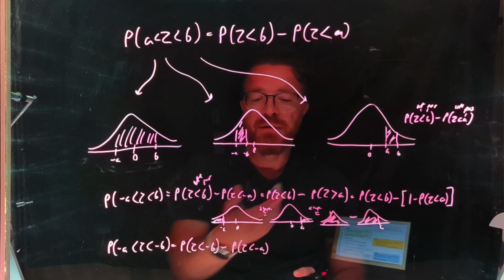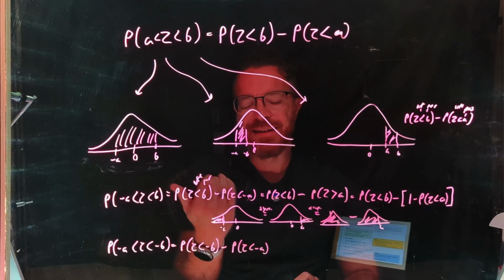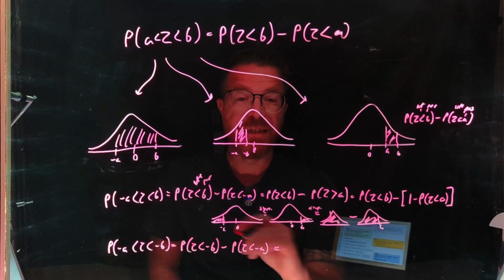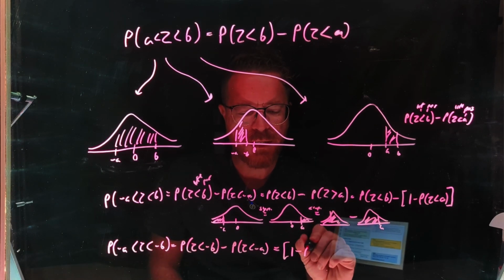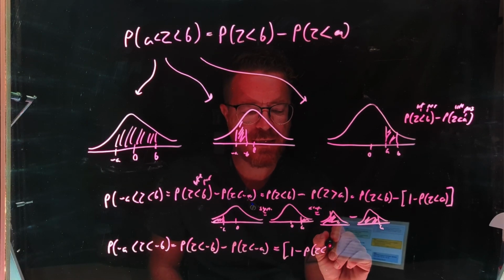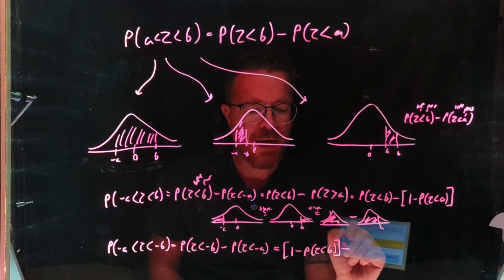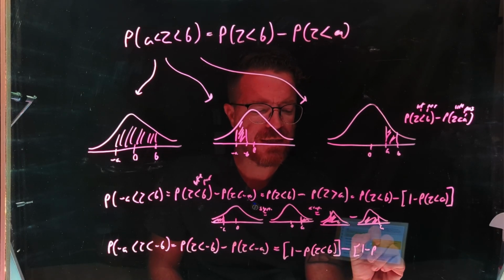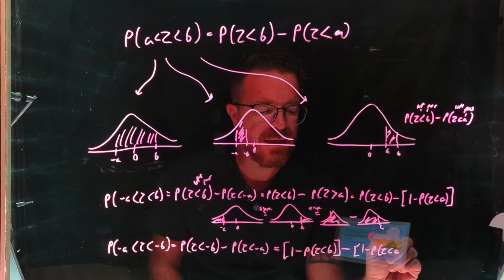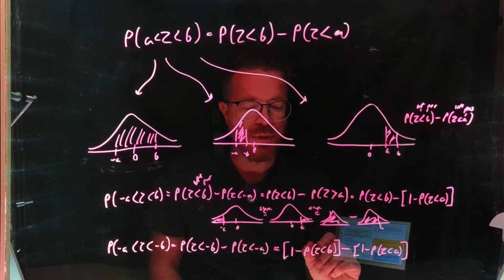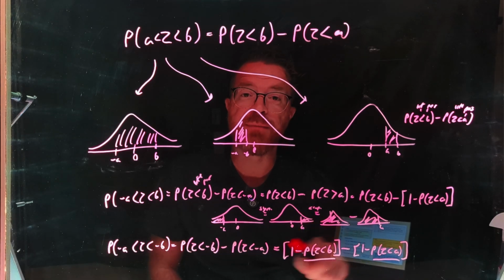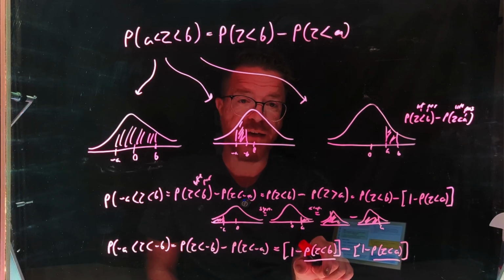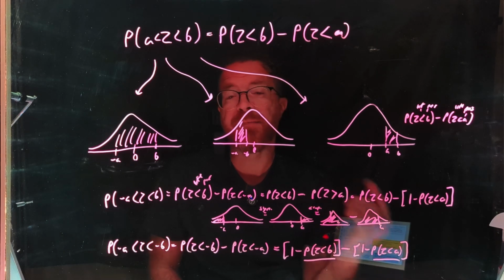And then just like before, when I have the probability that z is less than a negative, using symmetry and then the complement rule, this is going to be 1 minus the probability z is less than positive b minus 1 minus the probability z is less than positive a. So in this case, I can look this up in my table, I can look this up in my table. I subtract each of them from 1, and then I take this value, subtract this value, and I will get my final probability.